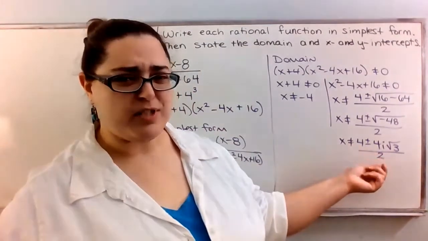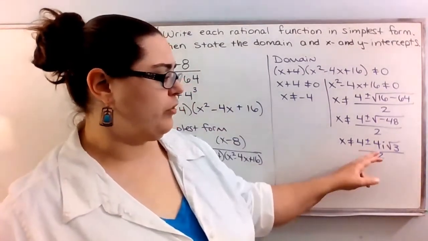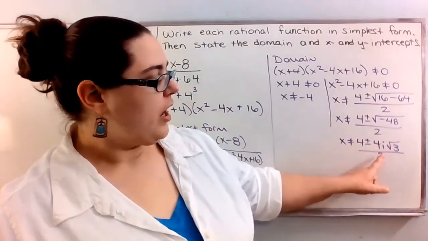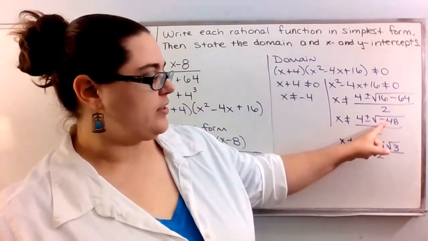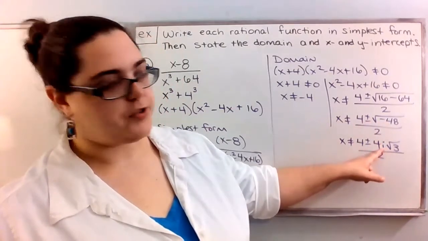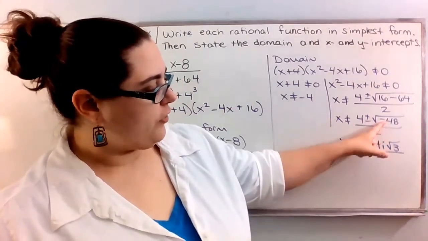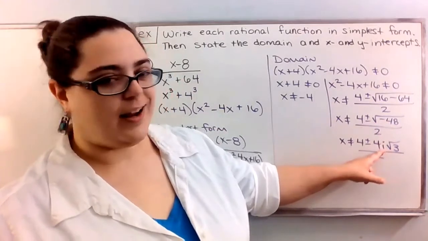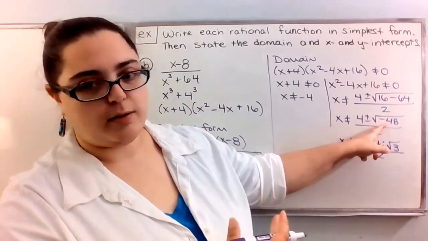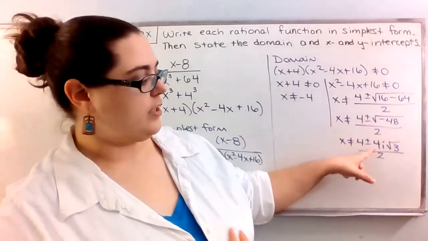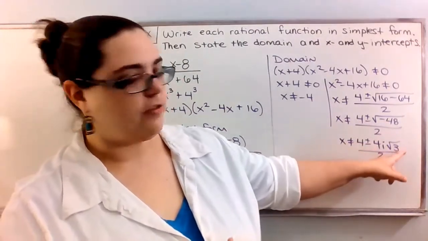So I did a lot of steps there in one. So just to go over how I found that, I got the i because there was a negative under the radical. So you can take out an i, just be careful, don't hurt yourself. So if you have a negative under the radical, that can turn into an i outside. And then 48 is the same as 16 times 3. So the square root of 16 is 4, and then the square root of 3 stays there.